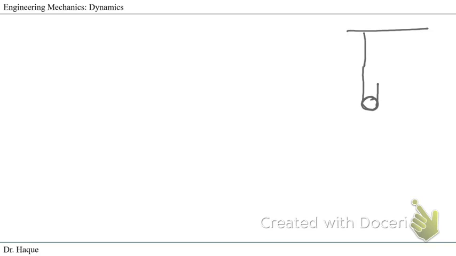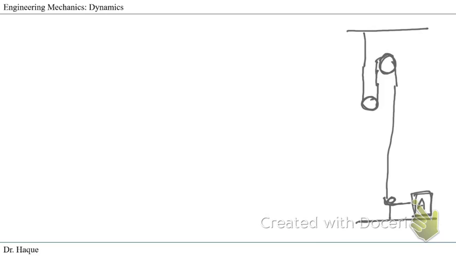There is another pulley here, then it goes way down to another small pulley from the base line, and the rope goes this way to attach to a block A, for example.